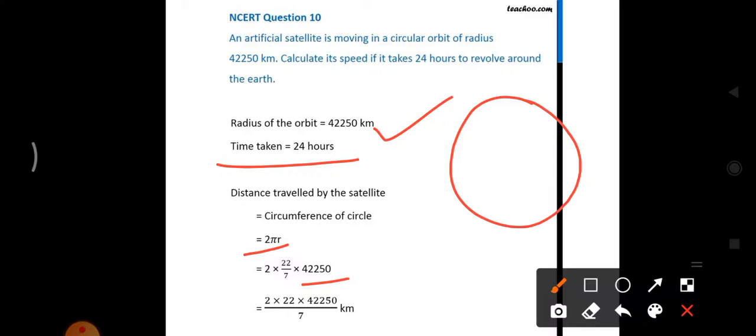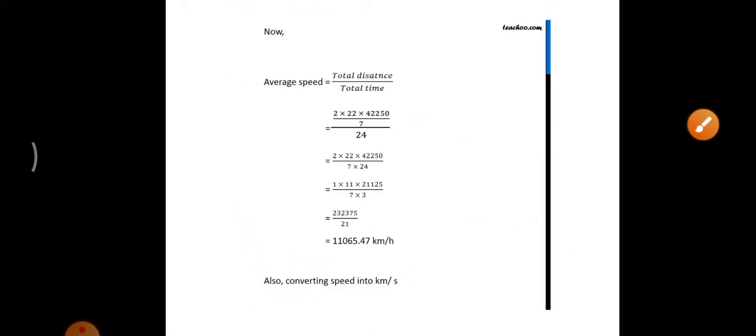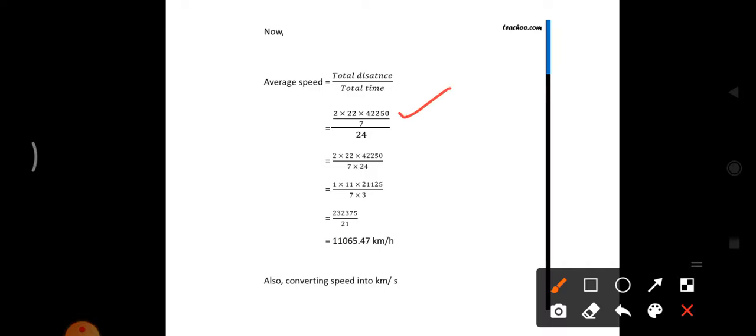So 2 into 22 into 42,250 by 7 kilometer is the distance. The next, average speed equal to total distance by total time. The total distance 2 into 22 into 42,250 by 7, by total time 24. So we will write 7 into 24.